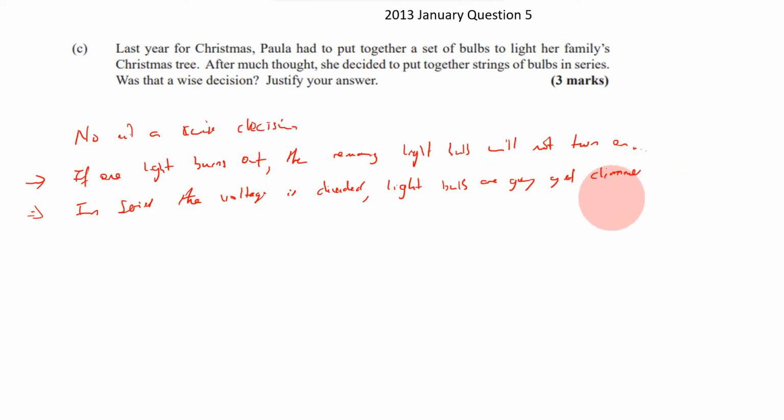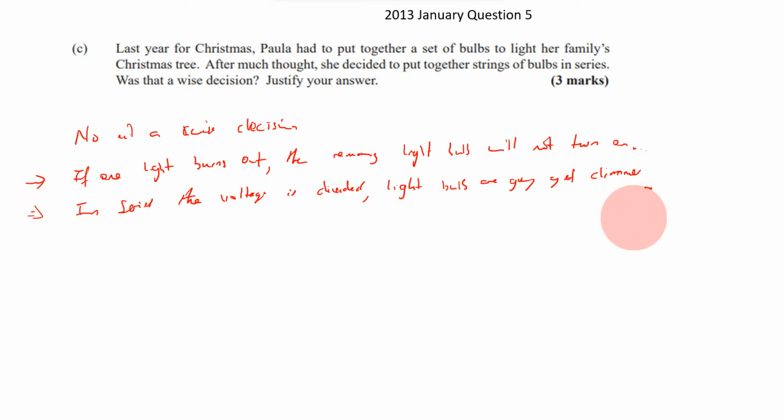So can you just imagine having 100 light bulbs and the brightness is getting lower and lower each time, or the intensity of the light is getting lower and lower? Then that is not going to make the whole thing effective in the sense of you wanting a Christmas tree to operate. So that really takes care of this answer, and it should give you 2 marks.